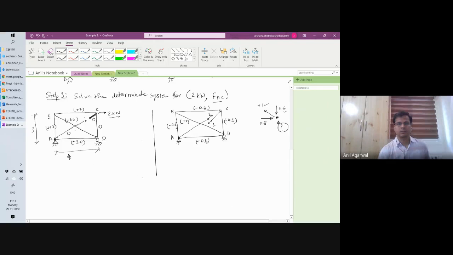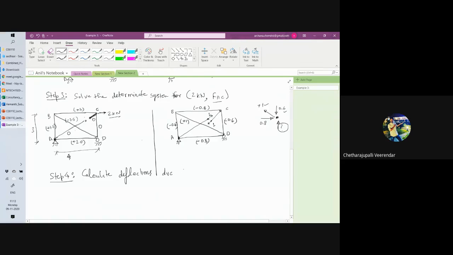Now the next step is calculate deflections. Where do we calculate the deflections again? Do we calculate deflections where the external load was applied? Where do we calculate the deflection?